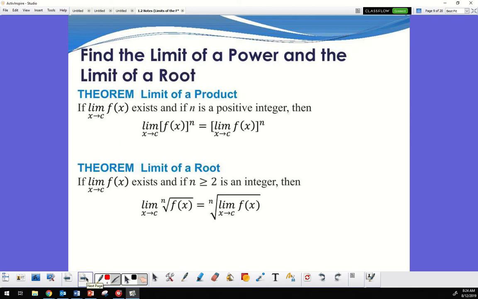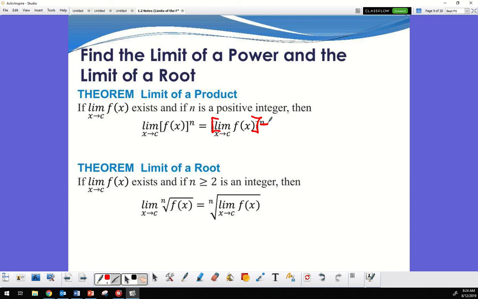Find the limit of a power and the limit of a root. Okay, so it's basically at c, plug it in here, and whatever my power is. So I can plug it in here, then take it to the power. That's what that means. So if you notice, I move the power to the outside of the function there.